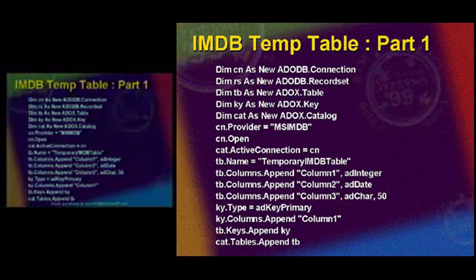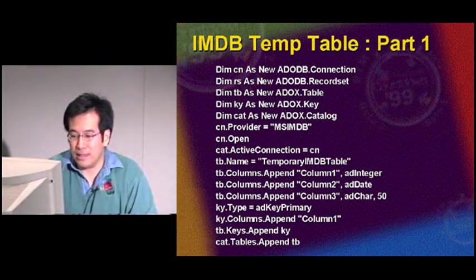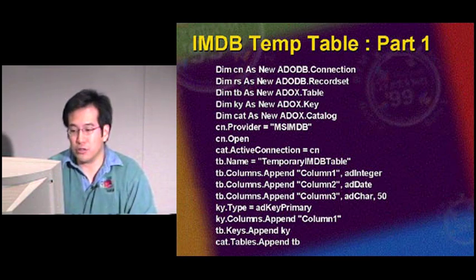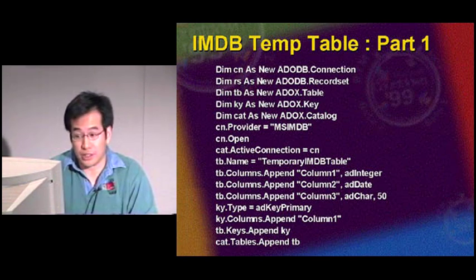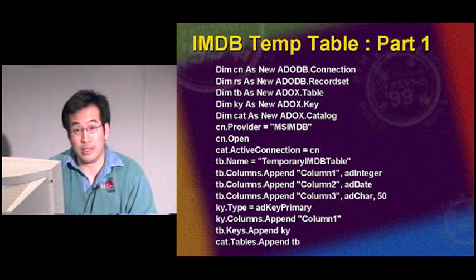The first part of this slide shows what needs to be done, and unfortunately I don't have a pointer, so I'll read. First off, in the line using the connection object called CN, which is a new ADODB connection, we simply need to treat the IMDb as any other OLEDB provider and connect to MS IMDb and load that as a provider property.